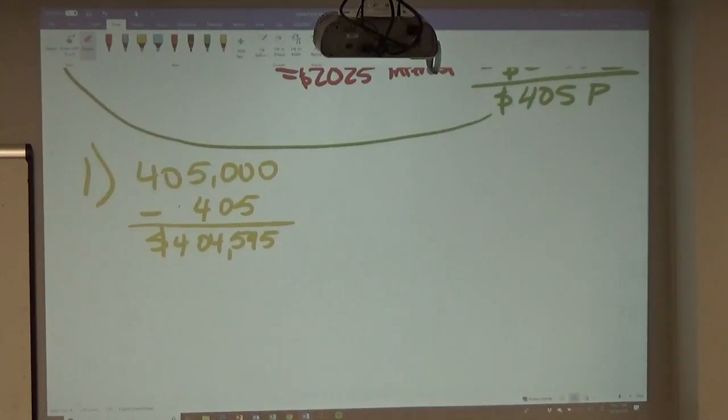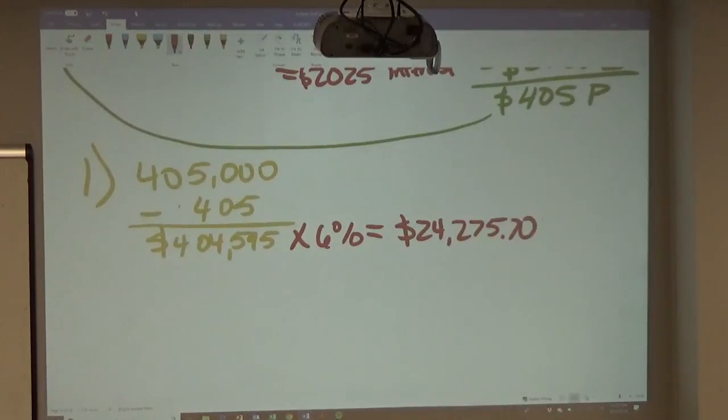We wanted to know 2 payments though, so we're just going to restart the process. Times 6% interest gives us annual interest of $24,275.70, which we divide by 12.